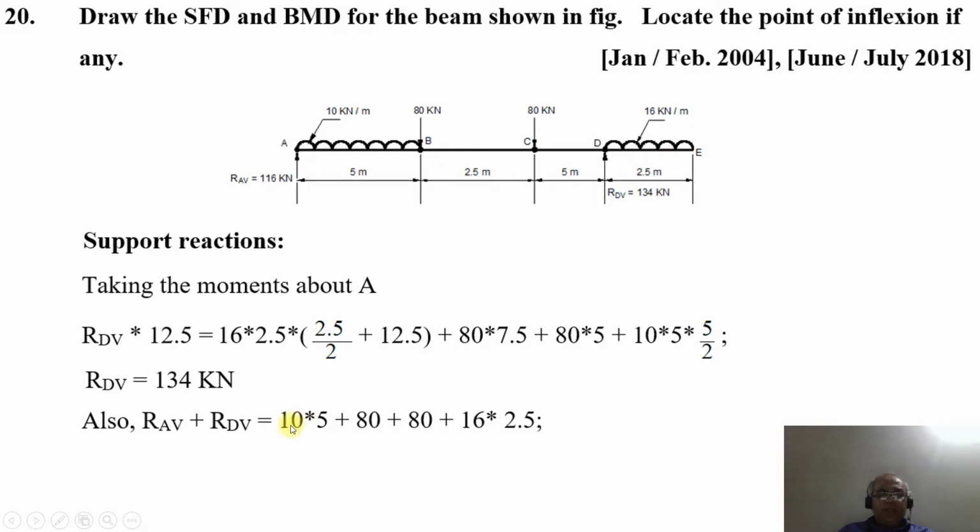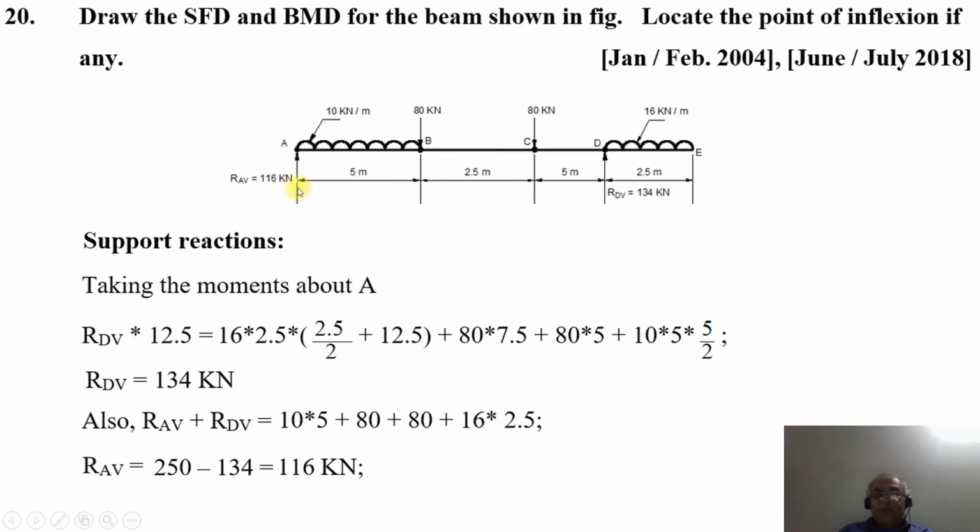So what is RAV now? 50 plus 160 is 210, plus 40 gives 250, minus 134, because we substitute the value of RDV, which was 134, and take it to the right hand side. Then RAV will be equal to 250 minus 134, which gives 116 kilonewton. So the vertical reaction at the support A is 116 kilonewton.